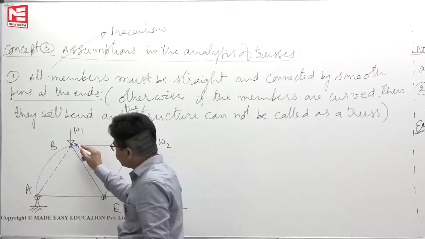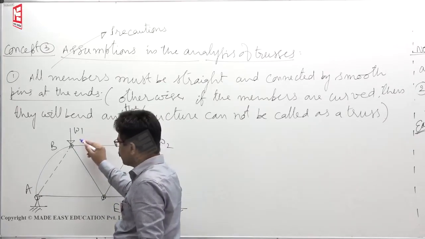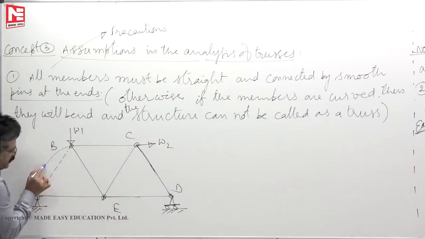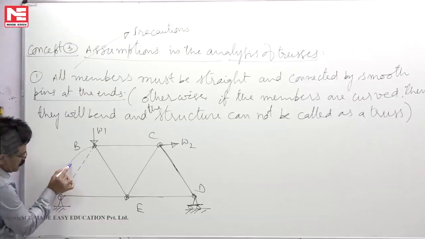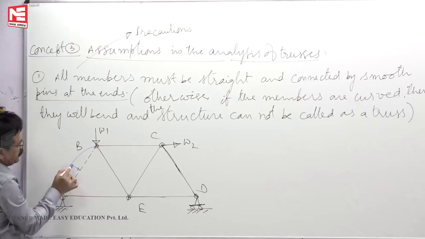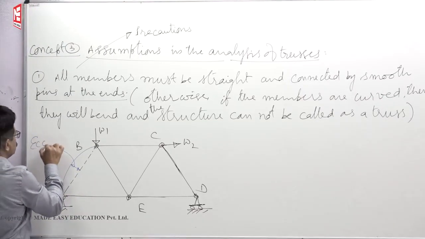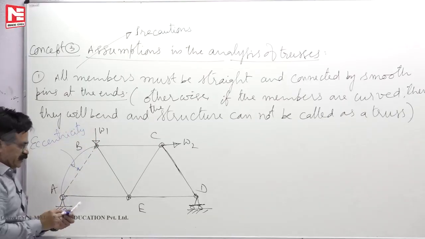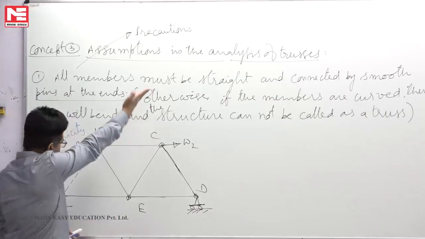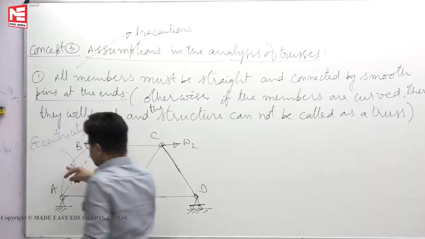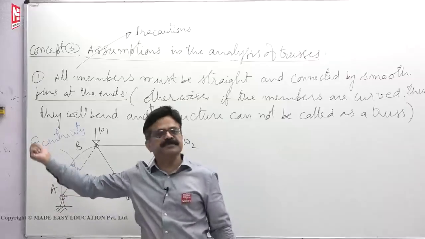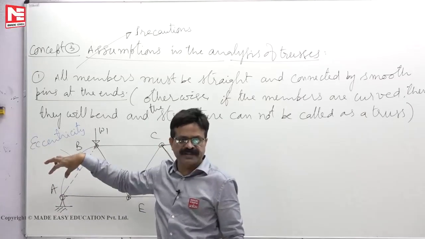Then what happens if I take the component of some W1, if it acts in this line, this much eccentricity is there, this the cross section is here, line of action of the force is here. This is your eccentricity. So force is acting in this line, cross section is somewhere here, then line of action of the force into perpendicular distance, then that much bending moment will be there, force into perpendicular distance.